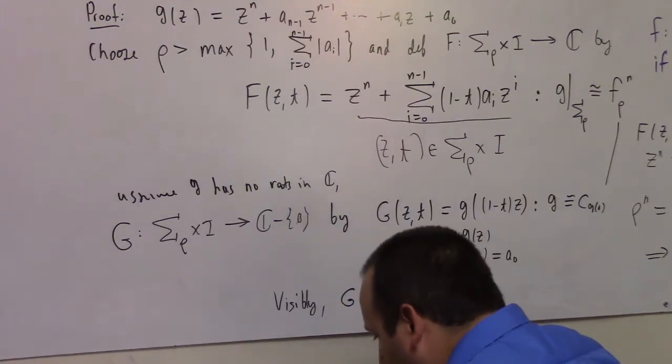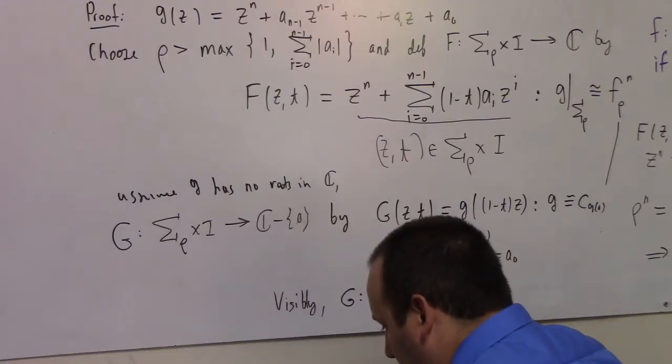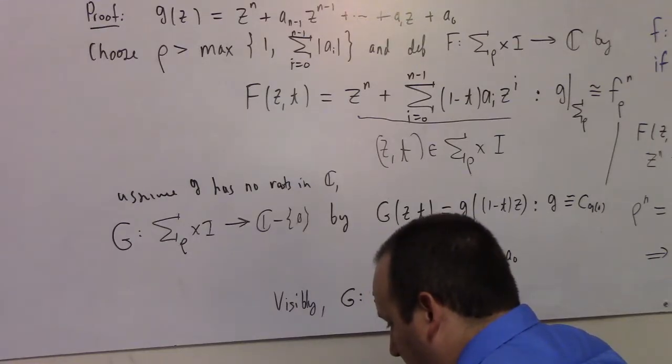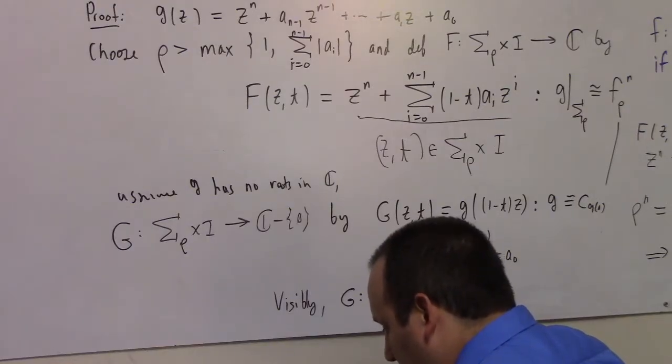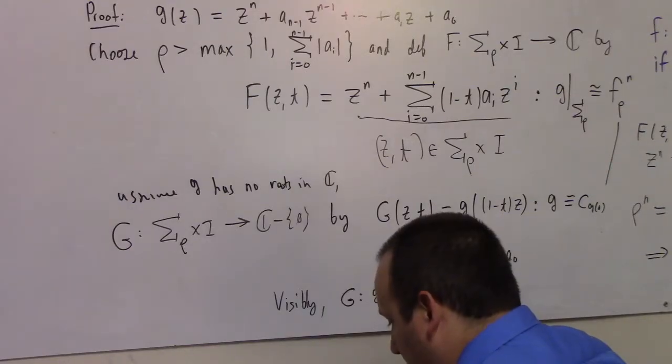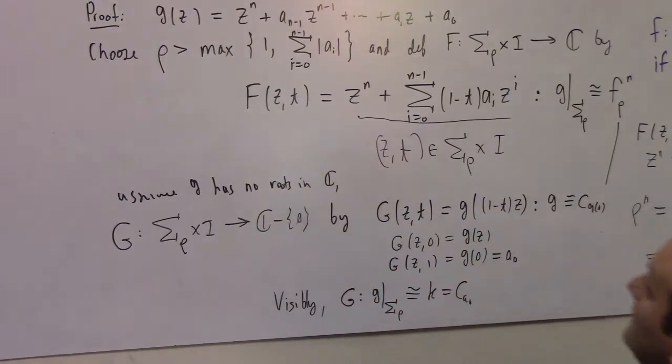So therefore, G restricted to the circle of radius rho is null homotopic, and this F of rho is null homotopic. By transitivity, F rho to the n is null homotopic, and that contradicts the hypothesis. None of the F rho to the n are null homotopic.